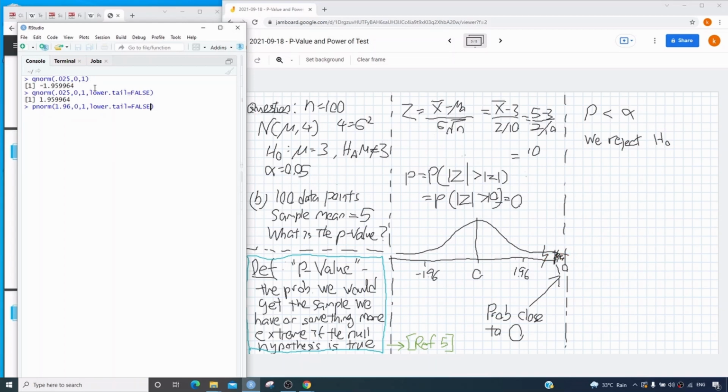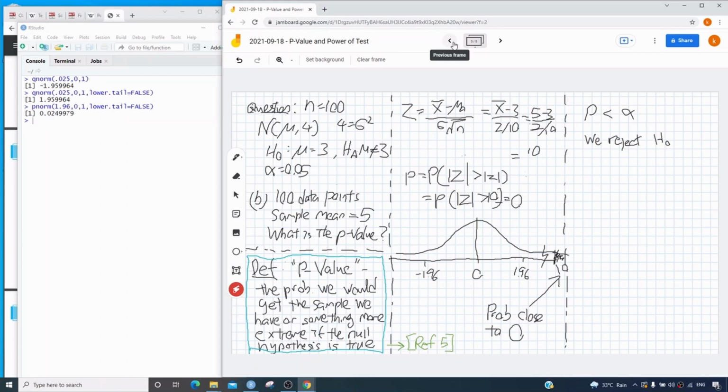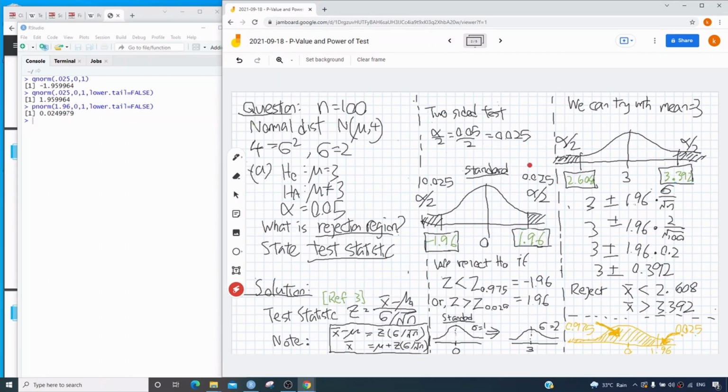As you would have guessed, this is 0.025, which is the value we got in part A earlier.